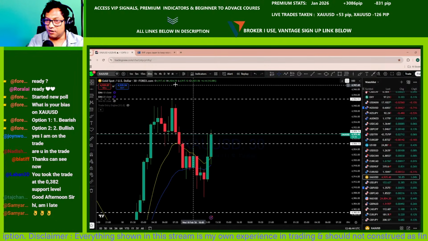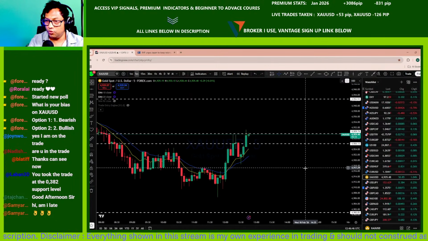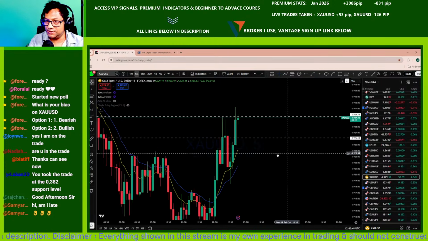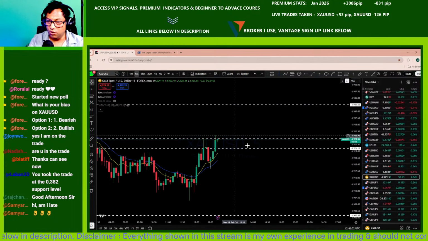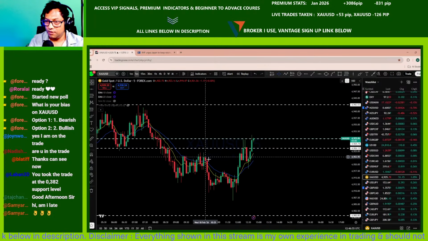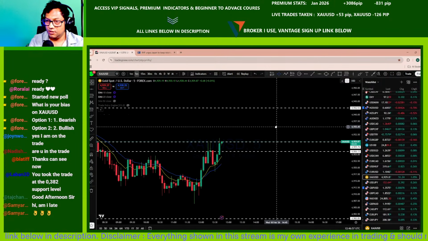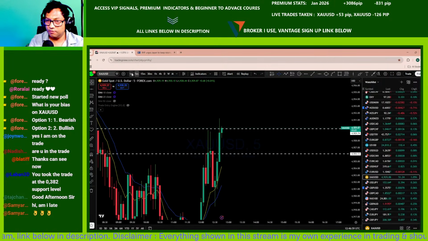Now we can see that gold started to show its move off this support. Trend line breakout retest is moving in the direction of the trend.